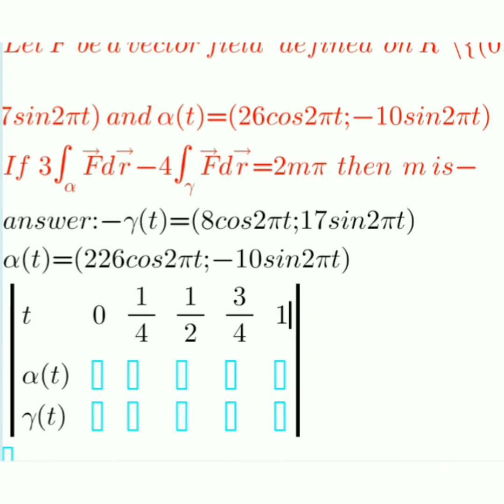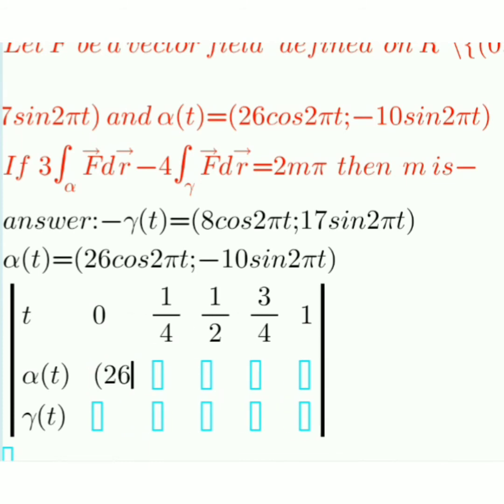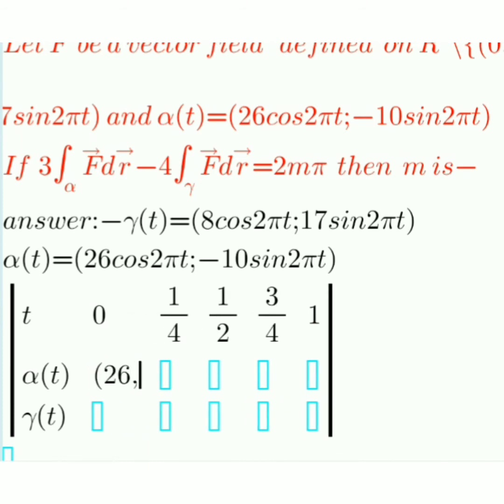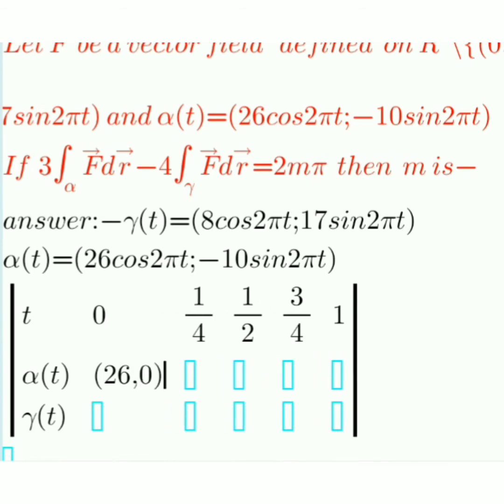So friends, when we put 0 in alpha(t), I get (26, 0), because cos 0 is 1 and sin 0 is 0, so minus 10 sin 0 is 0. That is the representation, (26, 0).